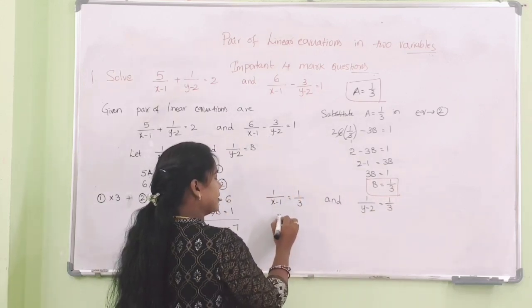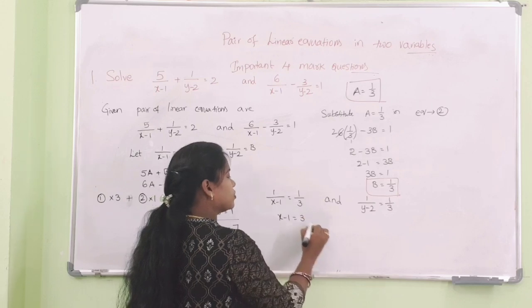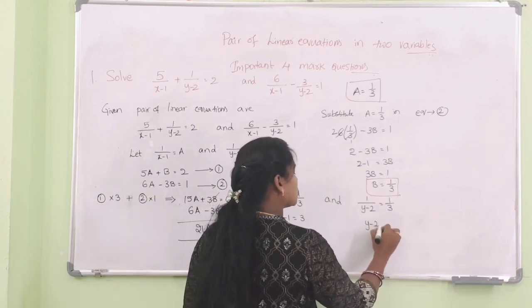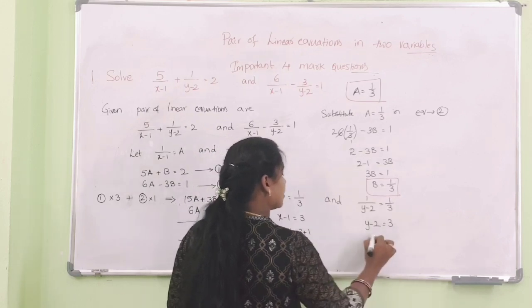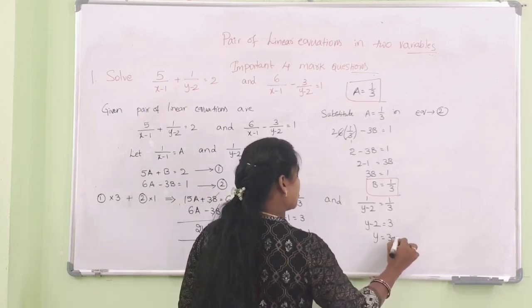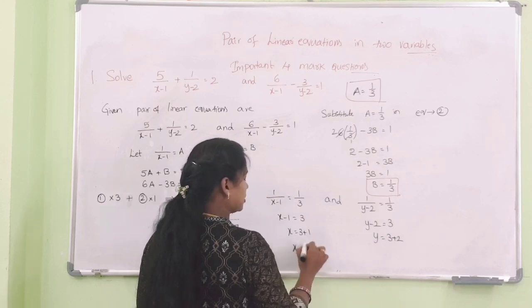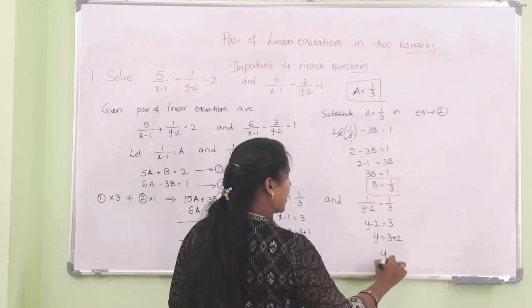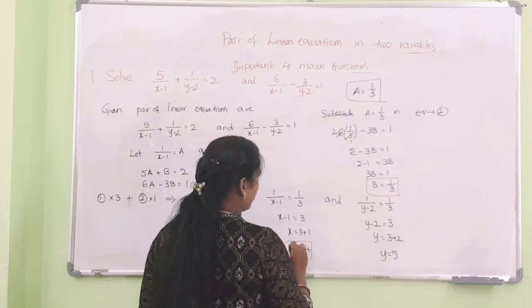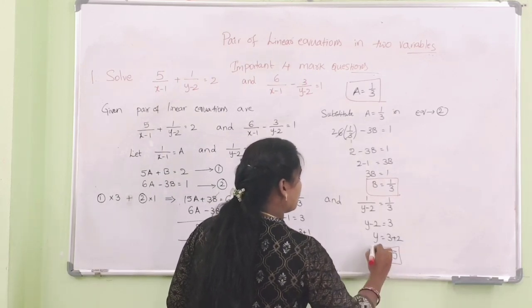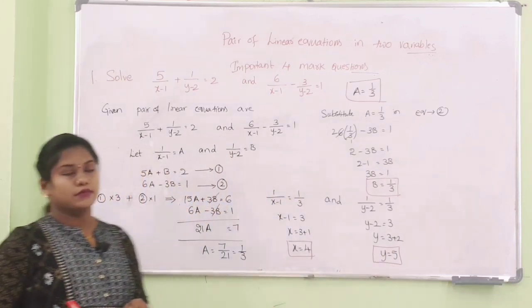So here we get x minus 1 is equal to 3 and y minus 2 is equal to 3. x is equal to 3 plus 1 and y is equal to 3 plus 2. We'll get x is equal to 3 plus 1, which is 4. y is equal to 3 plus 2, which is 5. So the required values of x and y are 4 and 5.